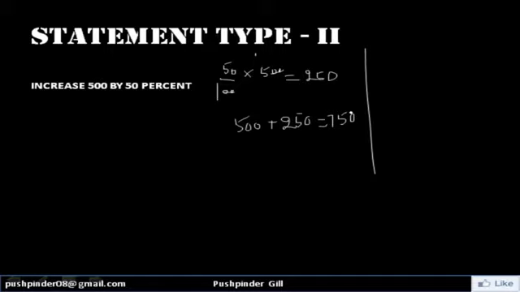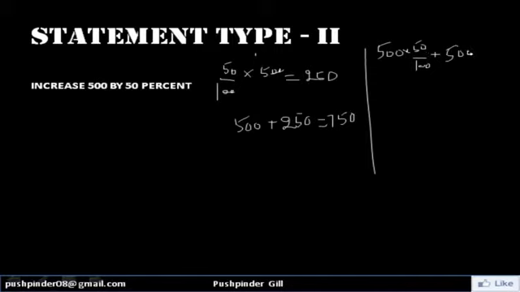However, there is a quicker and much more efficient way that you can do this. If you have to increase 500 by 50%, what you did is, you first calculated the 50% of 500, and then you added it to 500.